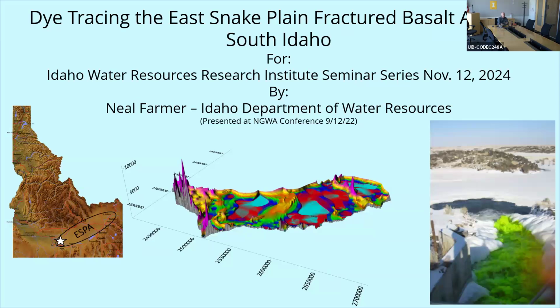Also, this is some of the first really tangible and empirical data on the ESPA, especially for vertical flow through these basalts. We've got numerous tests now vertically across horizontal basalt flows where some of the traditional views are that those horizontal basalt flows can retard water flow vertically.